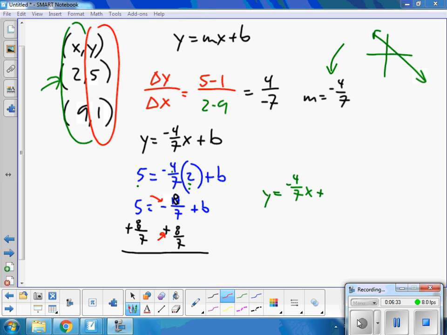So on this side, these cancel out. And I'm going to end up with b equals 5 plus 8/7. The 8/7 means there's a whole one there, so it's going to be the 6 with 1/7 left over. Little bizarre, but it still can work out. It looks like our y-intercept goes through 6 and 1/7.